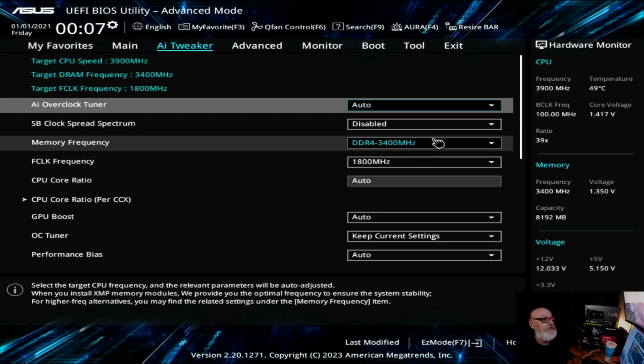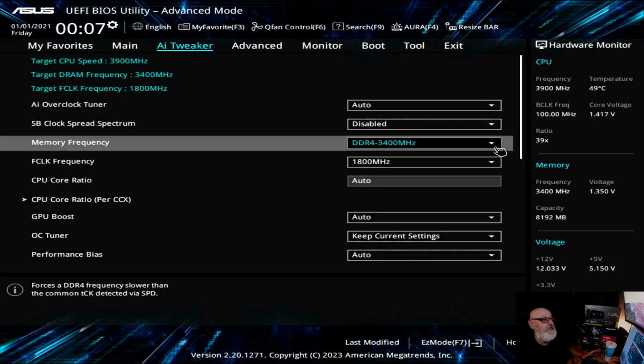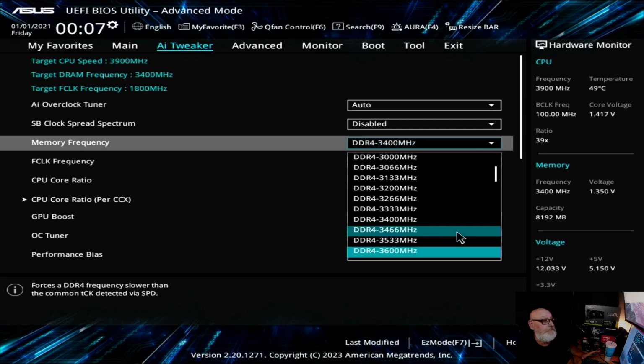Now, my RAM is set to the max it'll go. Now, if I want to go to 3600 and test it out, I would suggest, if you're going to do it, you go up in increments, like 3466 megahertz.